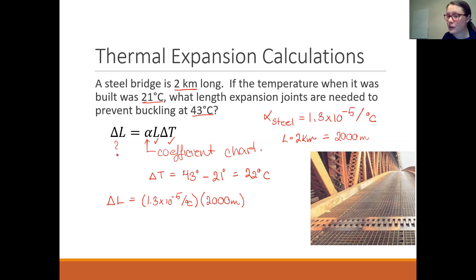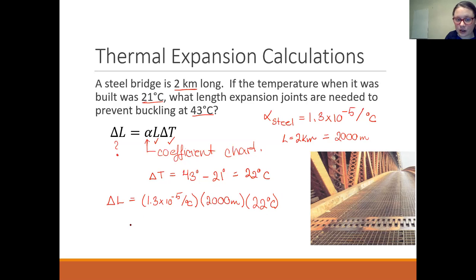Whatever unit we put in for length, we'll get the same unit out for length because the unit won't cancel. Times the change in temperature, which is 22 degrees Celsius. So we'll put all of that into our calculator: 1.3 times 10 to the negative 5 per degree Celsius, times 2,000, times 22.